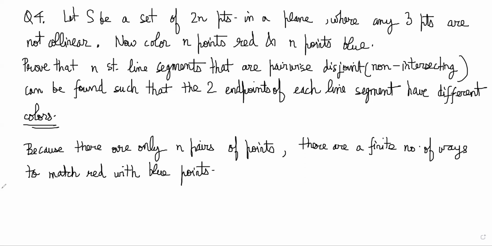Right? That is correct. Now, every time we match red and blue points, we can label the points and get different arrangements where we are pairing up red and blue points. So for each pairing method, let's call it a pairing method pi, this is a way to pair n red points with n blue points.